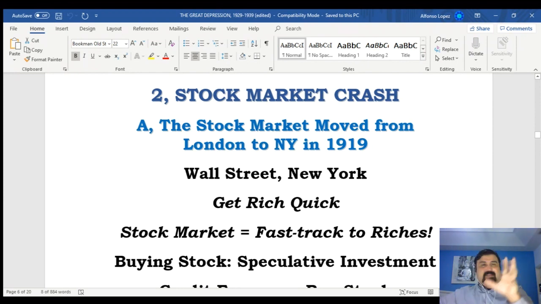Of course, they're all in the same package, if you will, and the first cause leading to the Great Depression, because as we'll see, as long as the rate of consumption continued to be steady, then everybody was keeping their jobs and their wages and the like. The economy can continue moving along.